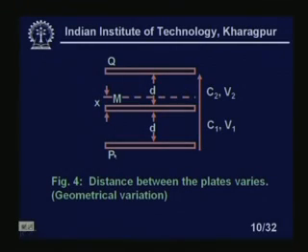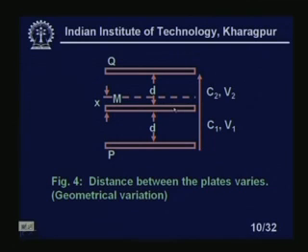Here also you see that I have two fixed plates, P and Q, and one movable plate, M. The separation between the plates is D, and these are all parallel plates. If the separation is D here and D here, then what will happen?